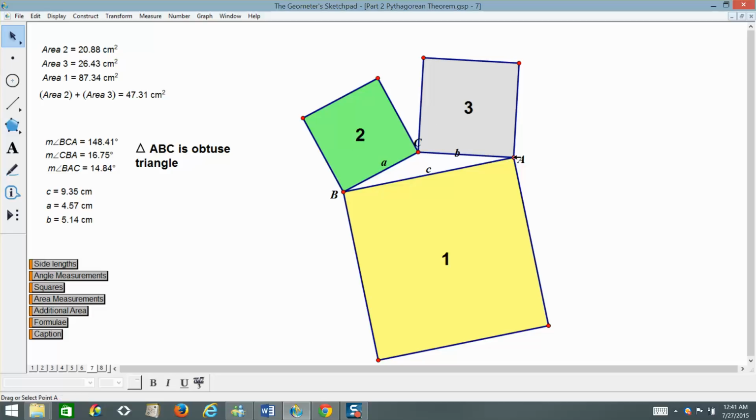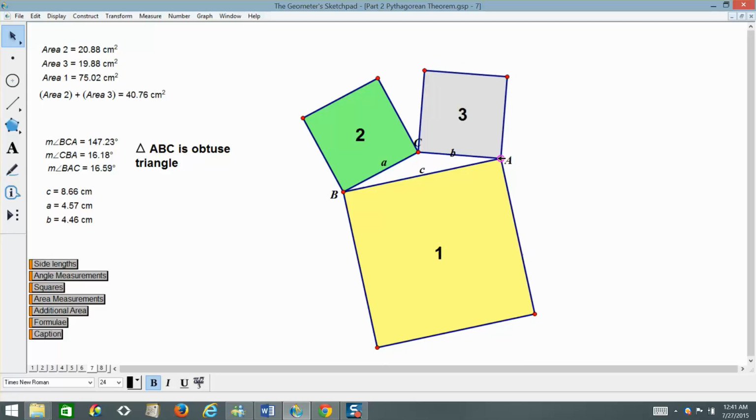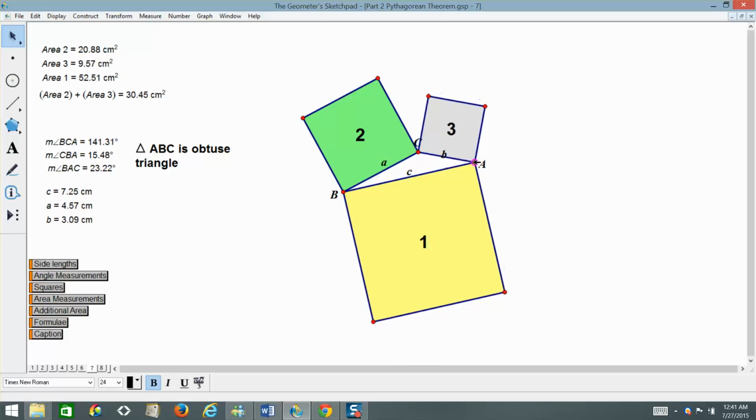If I change the size by dragging this point, the triangle is still an obtuse triangle. And what about the relationship? Is the relationship changing? No, the area of square 1 is still greater than the sum of the areas of squares 2 and 3.